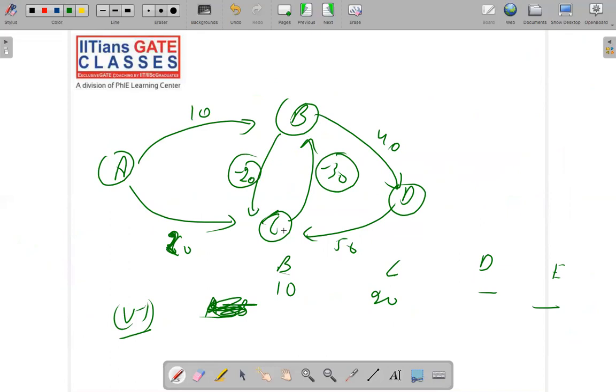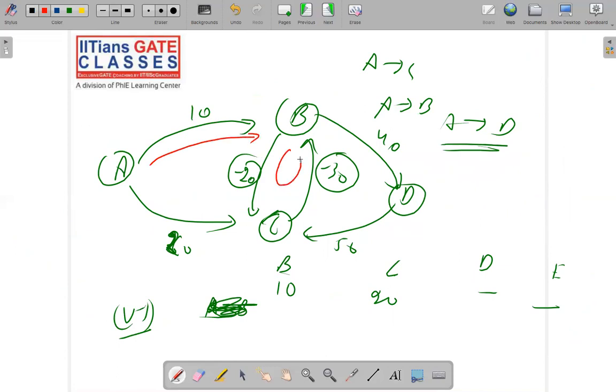So it keeps on decreasing the shortest path from A to C and A to B, even A to D. Why? If you go from A to B and iterate here n number of times, then go to D, it will decrease. If you iterate it n plus 1 times, it will decrease further.